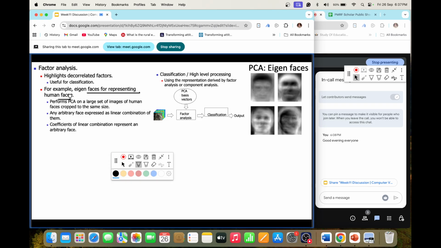Okay, so if we just separate each eigenvector, we can make different faces. Like we are taking 60,000 images, right? And each image is a different person's image. Then we just perform the principal component analysis.